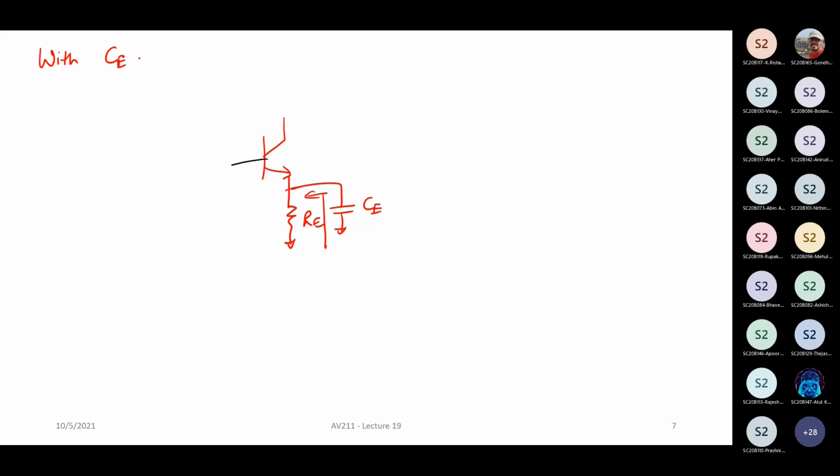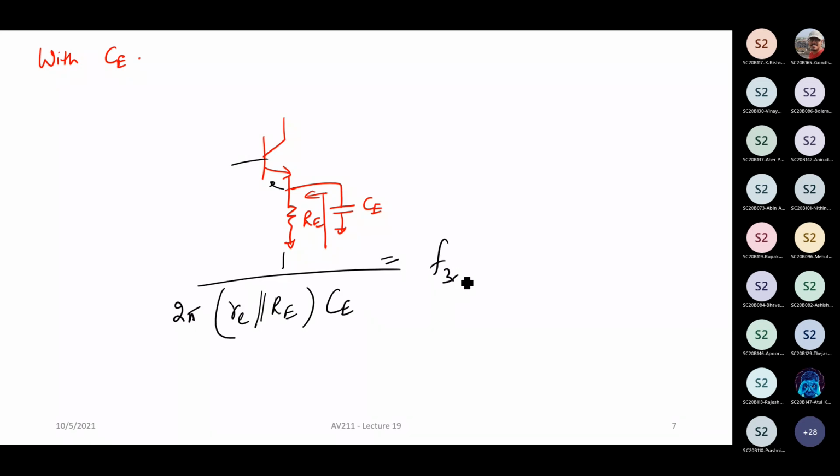If you look at the resistance from this point, looking up, you basically get small re in parallel to capital RE, into CE, 1 over 2 pi. This is your f3dB because of the third capacitor. So Rin will be small re in parallel to capital RE. Yeah.